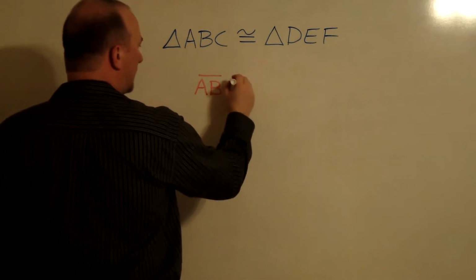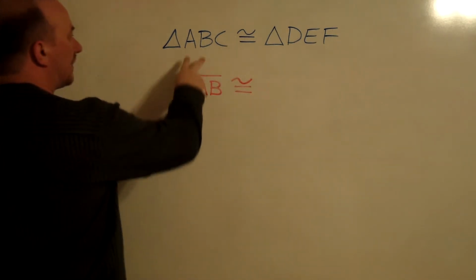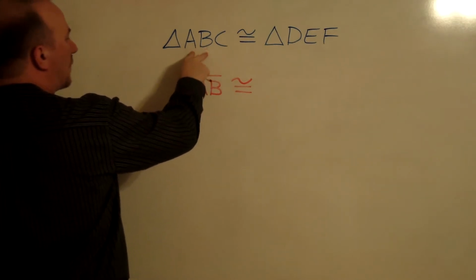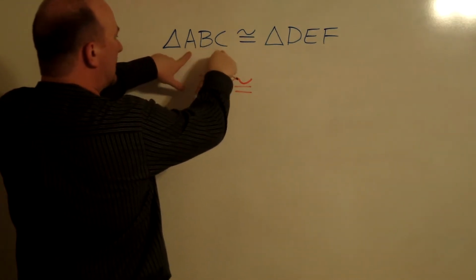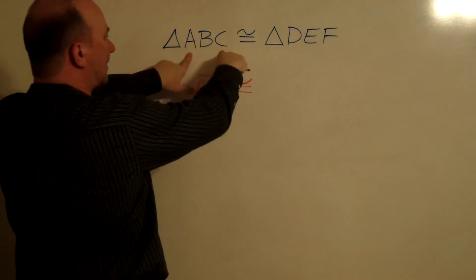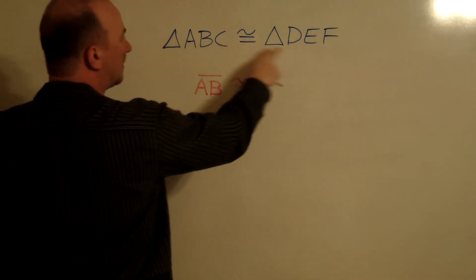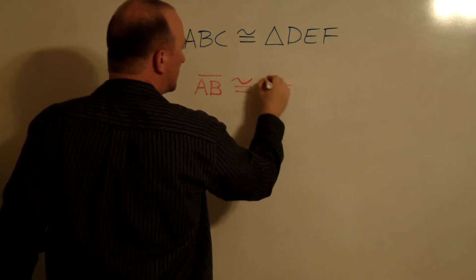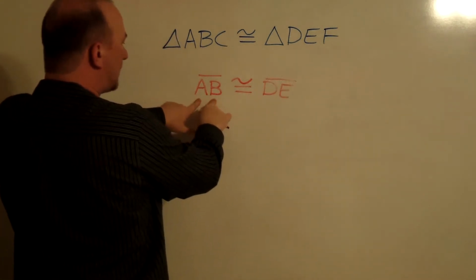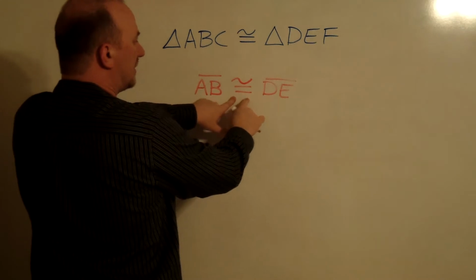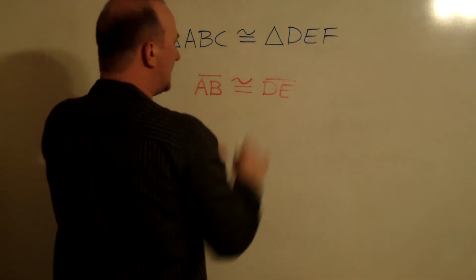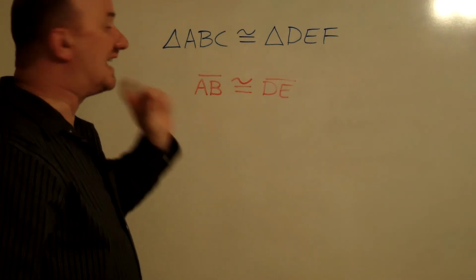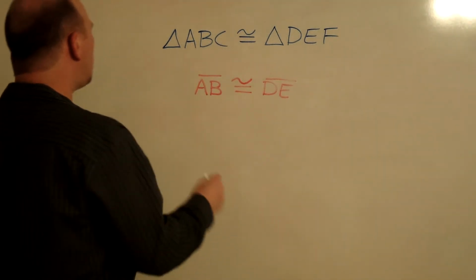Line segment AB is congruent to, these two letters, A and B, occur in the very beginning of this triangle ABC that it states right here. A and B will be congruent to DE. So line segment AB is congruent to line segment DE. Congruent means equal to, exactly the same.